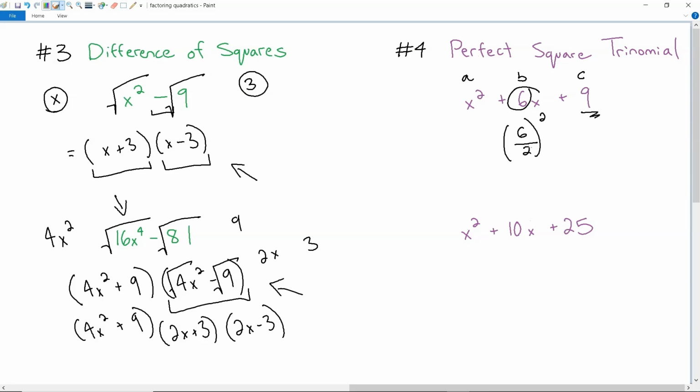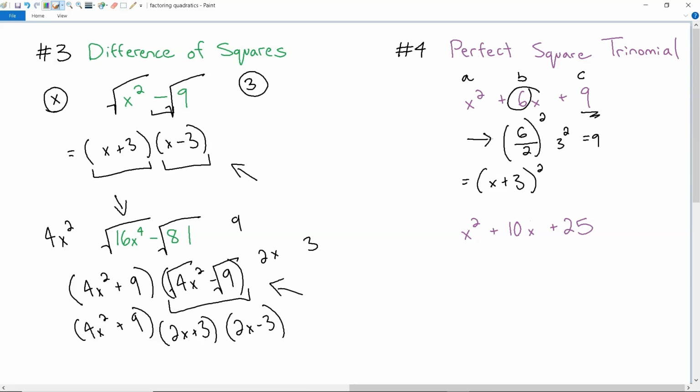So if I take 6 divided by 2, that's a 3. And then if I square 3, I get a 9. What does that mean? That means we can actually skip all of the steps of factoring a trinomial, and we can simply write our answer as x plus 3 squared.